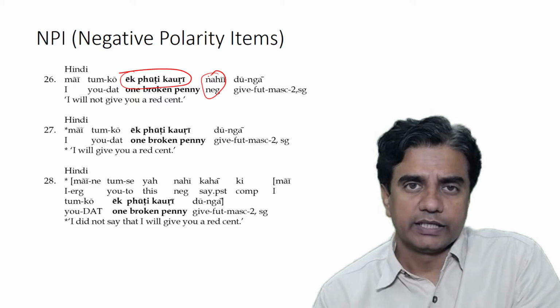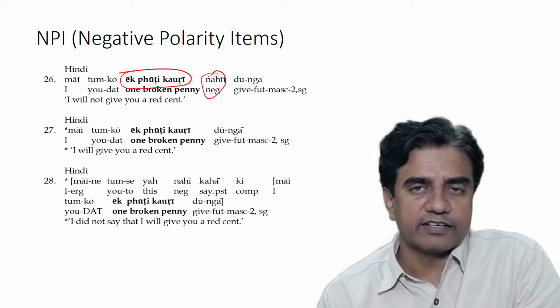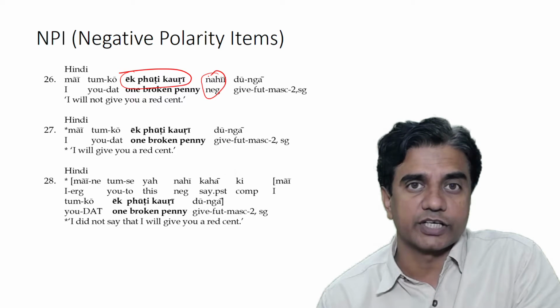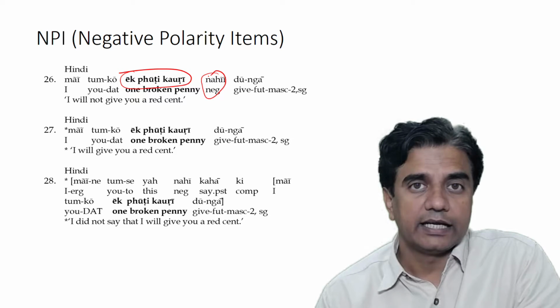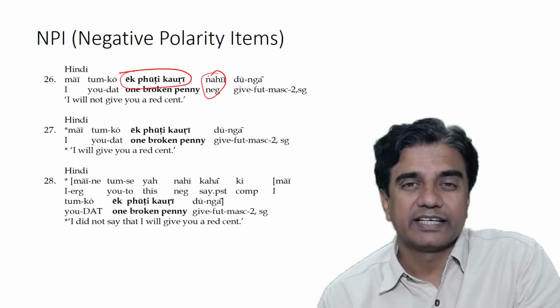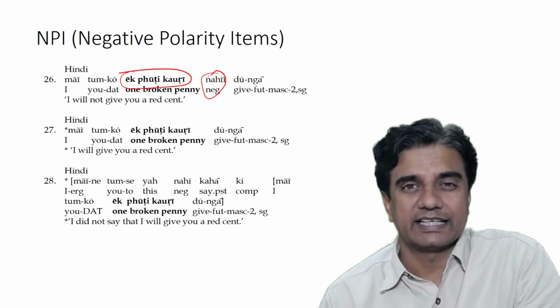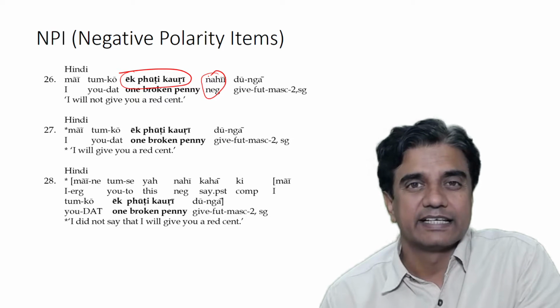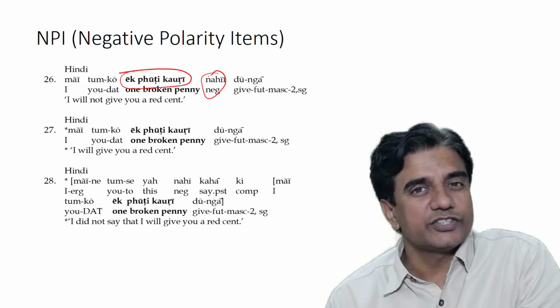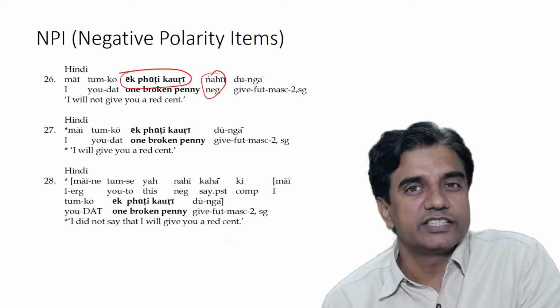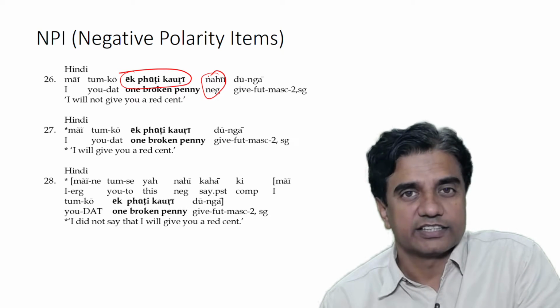Now, this sentence 27 could be interpreted as a good sentence if एक फूटी कौड़ी, as a metaphorical expression, can be interpreted in its lexical and literal sense of a broken penny. However, that is not the intended reading here.